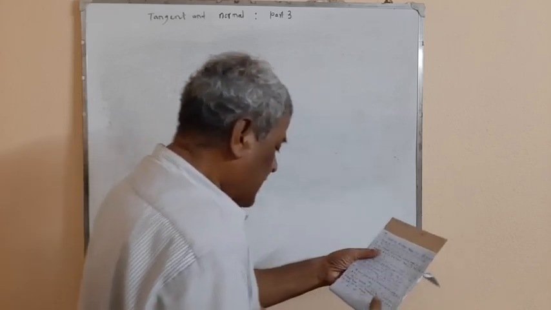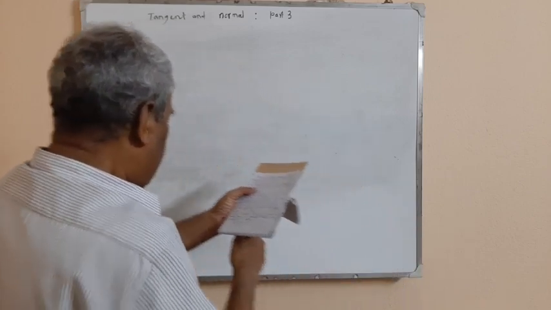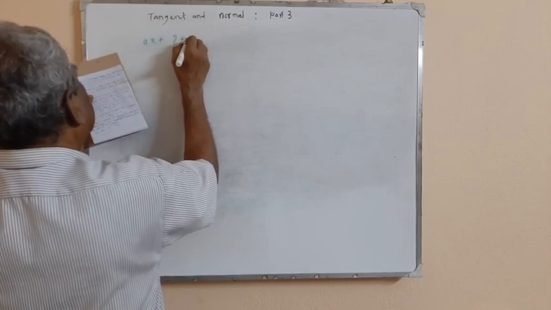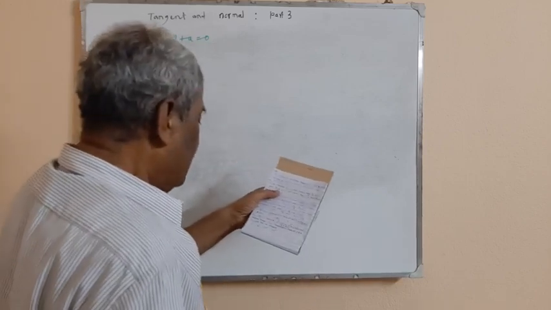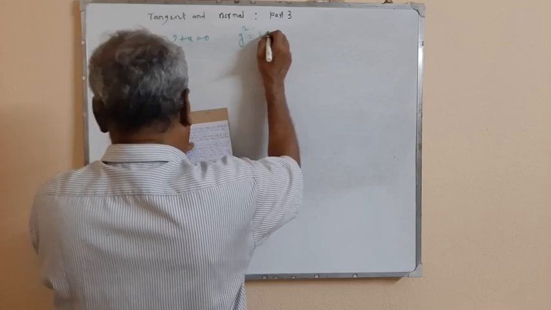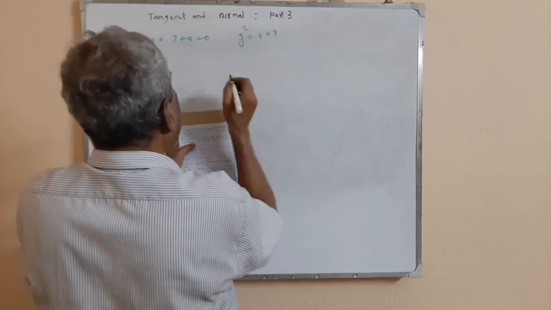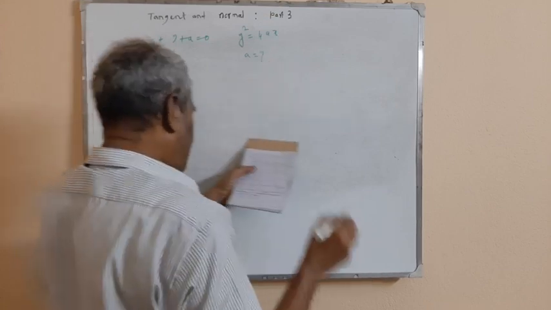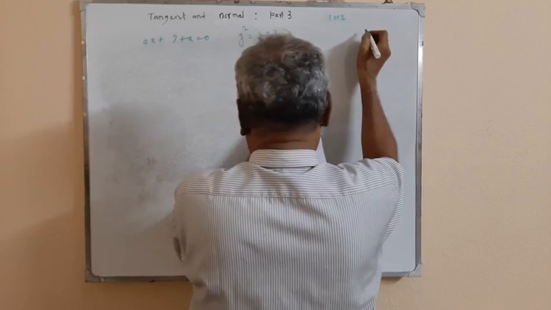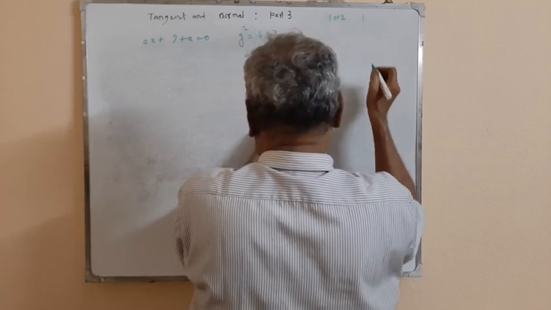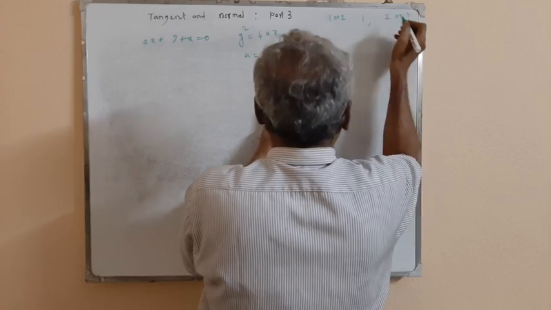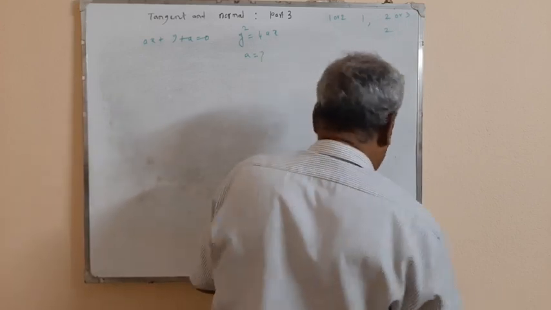So next problem. If ax plus y plus a is equal to 0 is a tangent to the curve y square is equal to 4ax, then a is, options: 1 or 2, second option 1, third option 2 or 3, fourth option only 2.